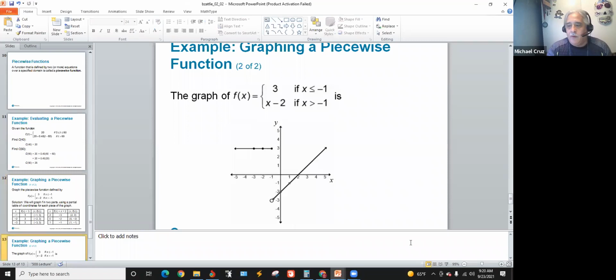All right, so what does that look like? Well, this is what it looks like. Y is equal to 3, for anything -1 and below. And notice that there's a solid point on the end right there, because of the equal to. That's why I changed that little thing that was wrong.